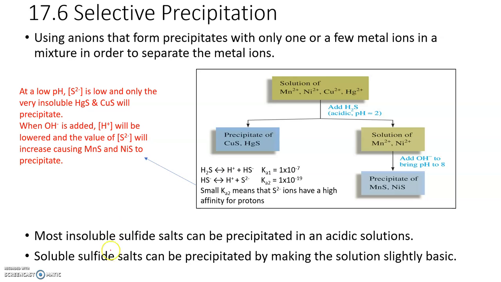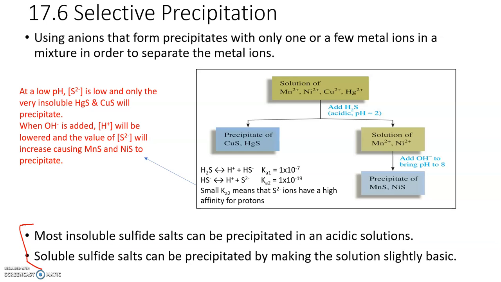Now, the reason this works, I guess the takeaway from this slide would be these two points down here. So most insoluble sulfide salts can be precipitated in an acidic solution. And then if you have soluble sulfide salts, they can be precipitated by making the solution slightly basic.